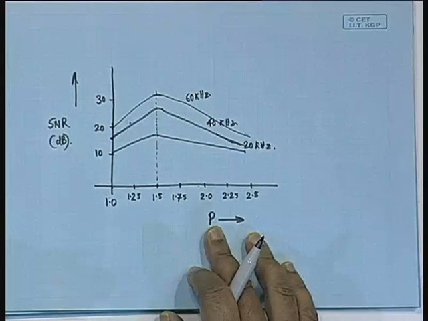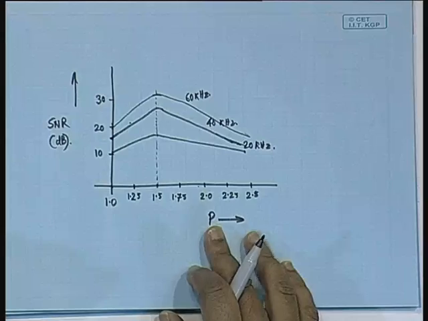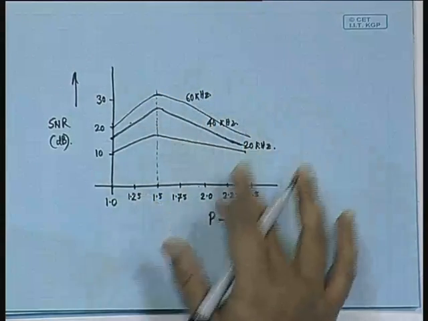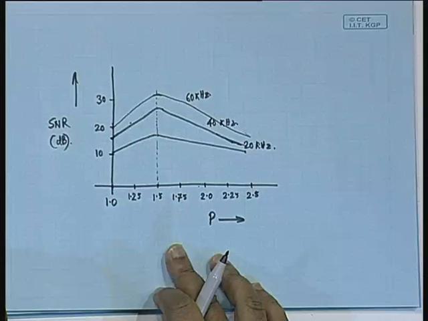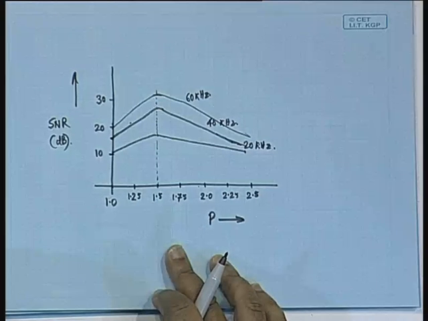Now, why is it that the increase of P leads to some optimal SNR, and then with further increase of P the SNR drops down? When the value of P is on the higher side, it may track down fast, but in that process it will lead to granular noise initially.